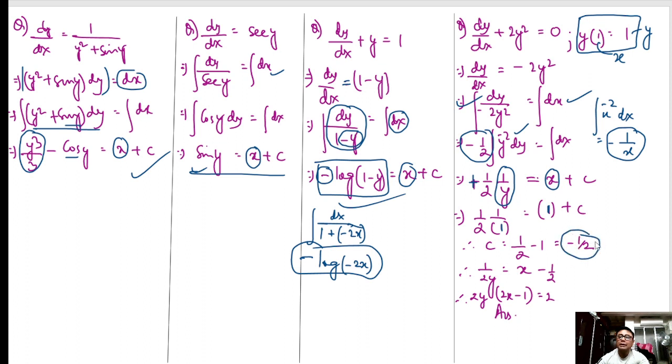Now putting the value of c in this solution, we get the answer as this. So this is our ultimate answer of this equation. Clear? Let's see the next sum, friends.